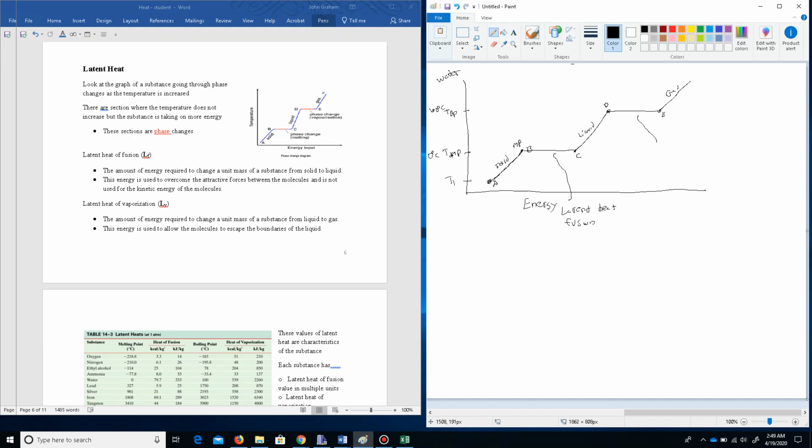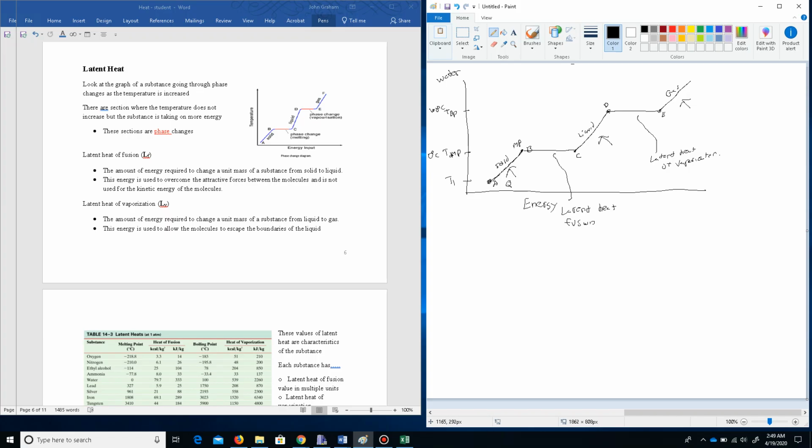At this point right here, that's the latent heat of vaporization. Okay. These 3 points here all deal with the same formula.